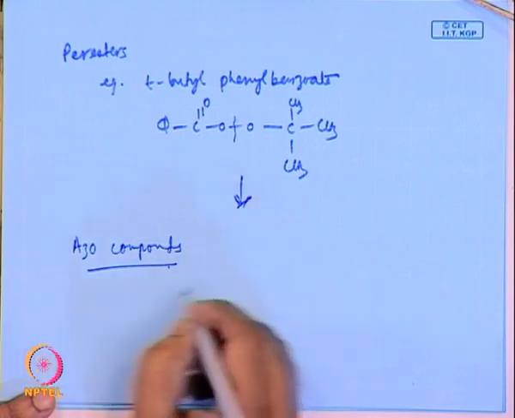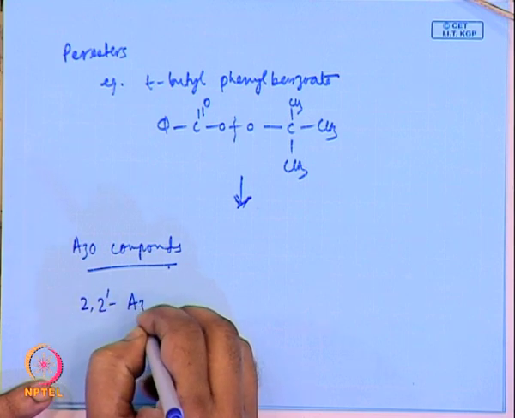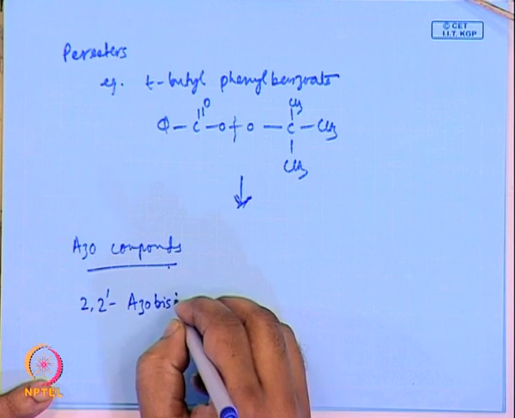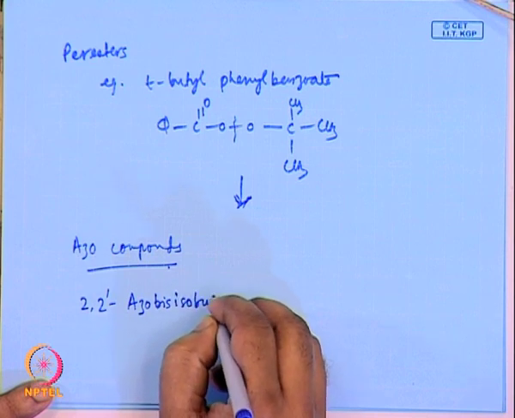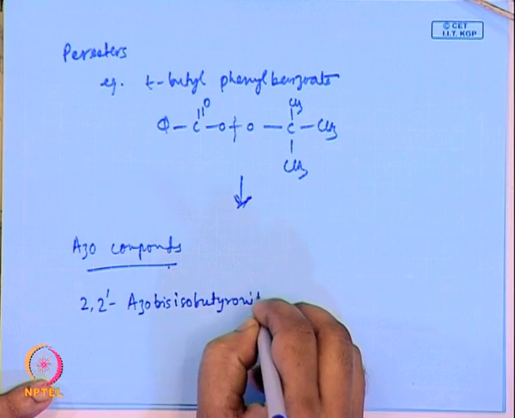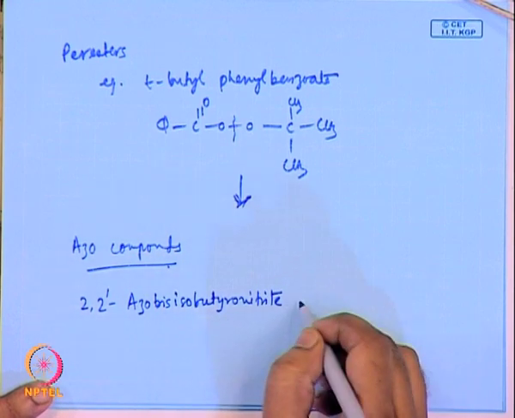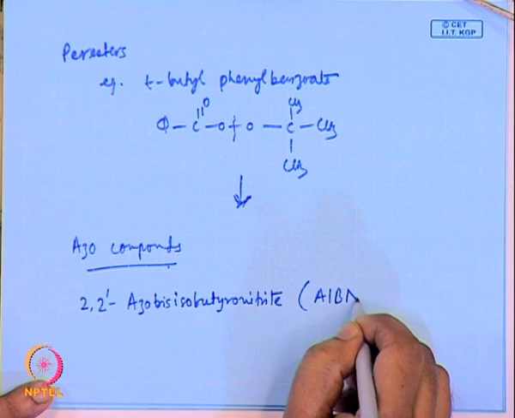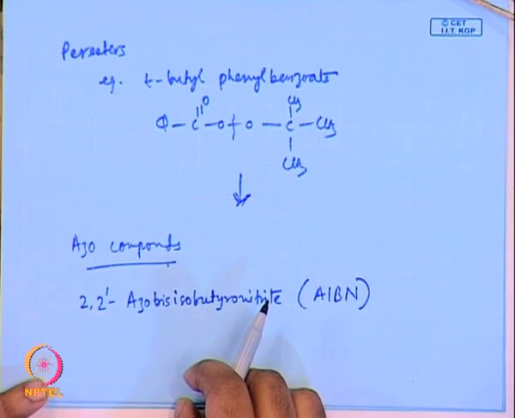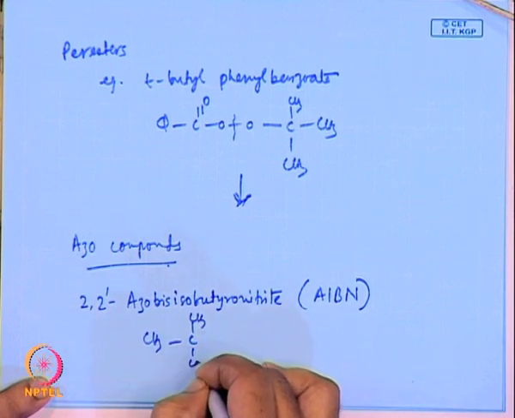For example, 2,2'-azobisisobutyronitrile, which is most commonly called AIBN, which has this following structure.